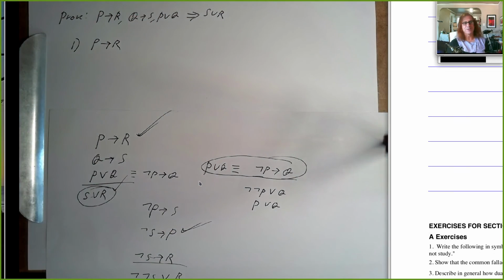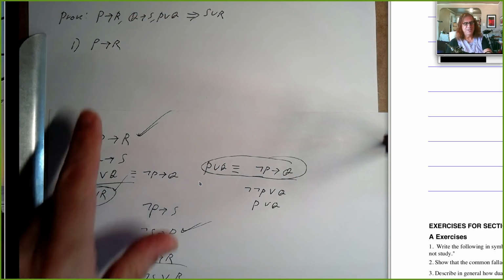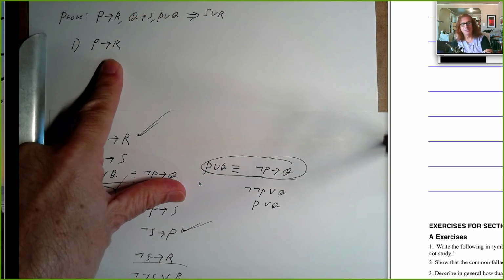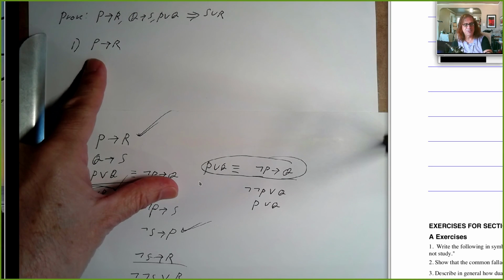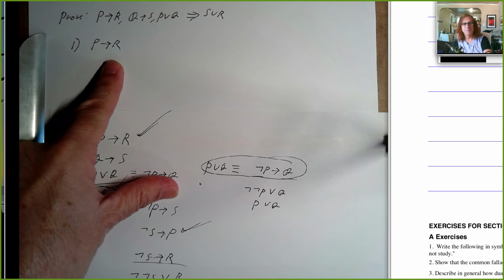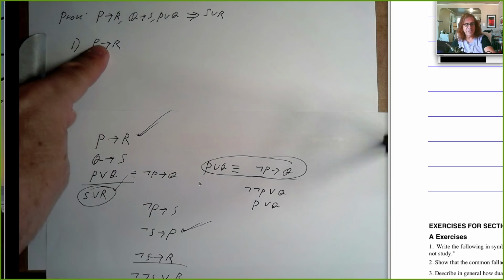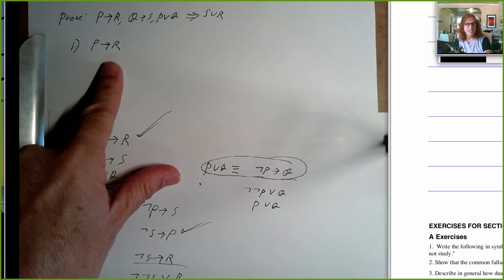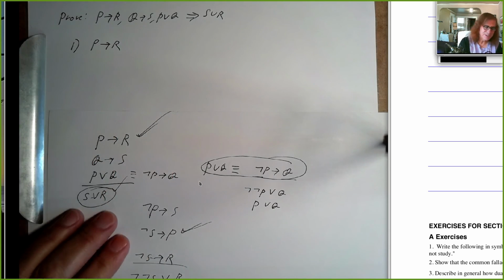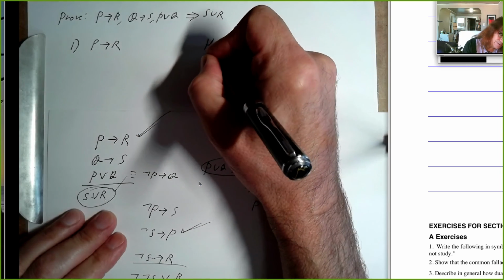That's really important. Everything I write here has got to be a proposition. So first thing I'm writing is the proposition if P then R. And everything I write here has got to be a true proposition. Okay, why am I saying that if P then R is a true proposition? It's a hypothesis.